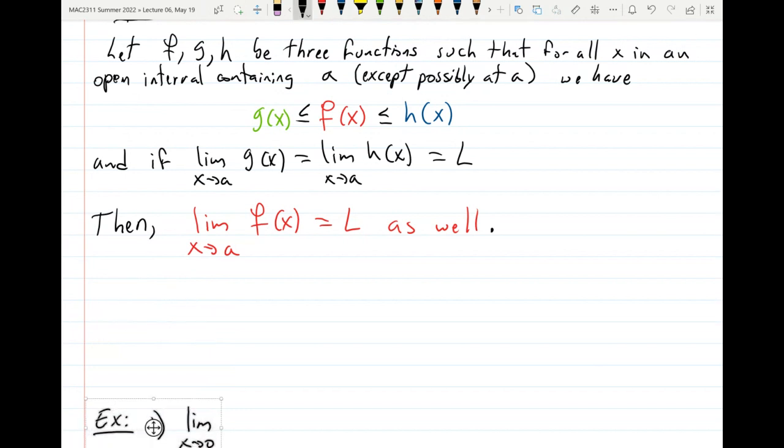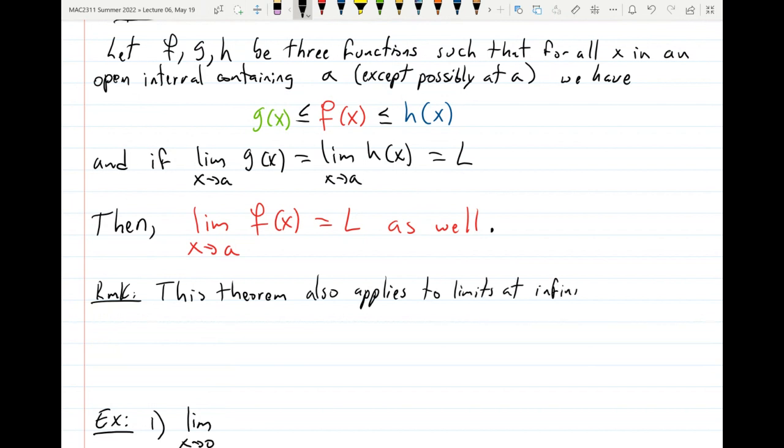Remark: this theorem also applies to limits at infinity.